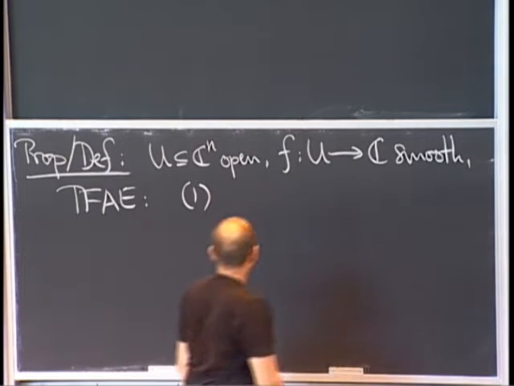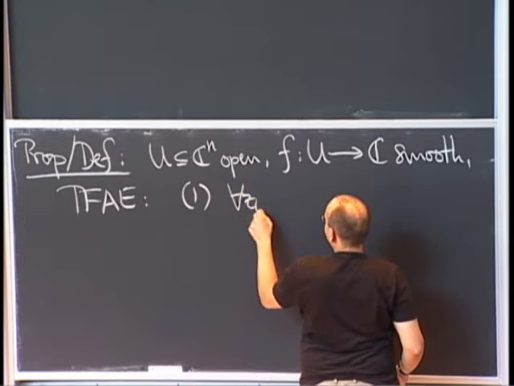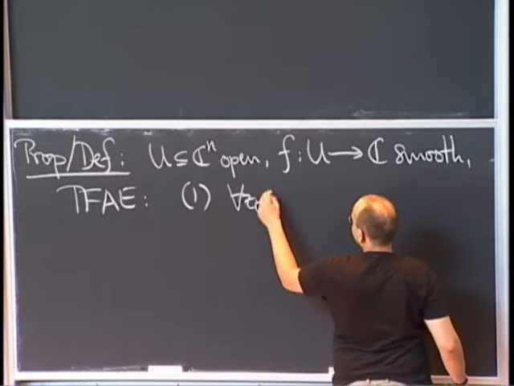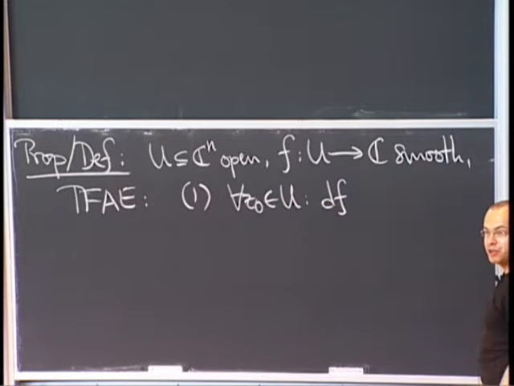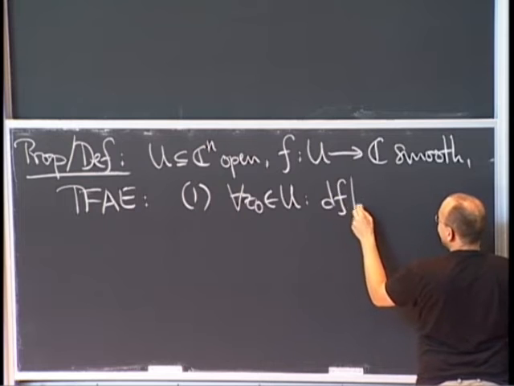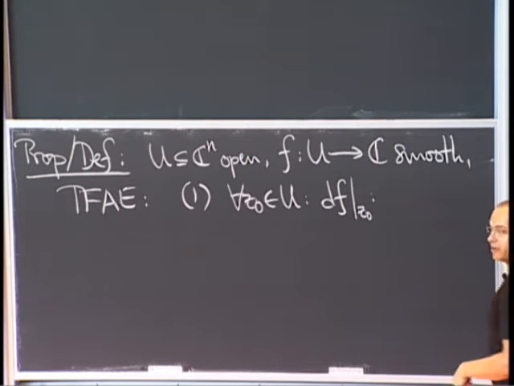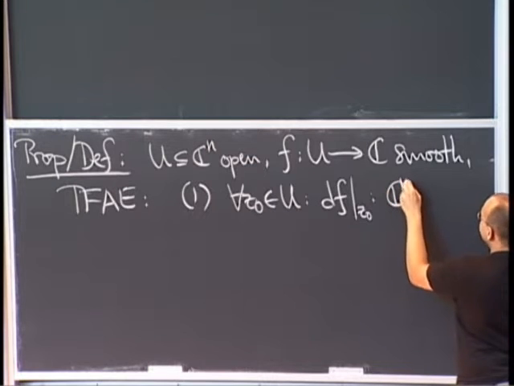That's just saying that for all z naught in U, the differential df at z naught is going to be a linear map from C^n to C.